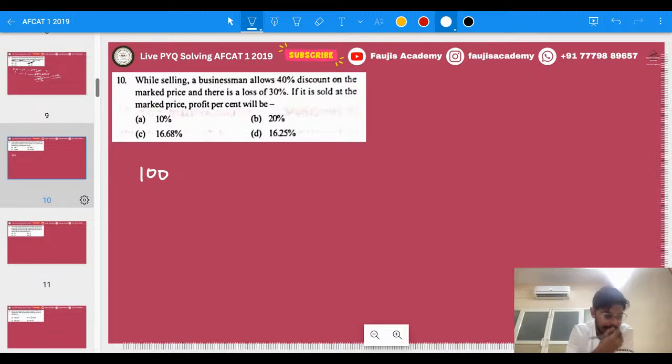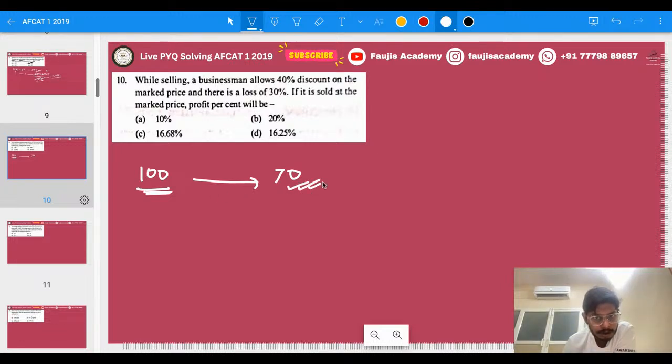And there is a loss of 30%. Right? Okay. If the cost price, yes, Diksha got it right. Okay. If the cost price is 100, selling price must have been 70, isn't it? Yes or no?